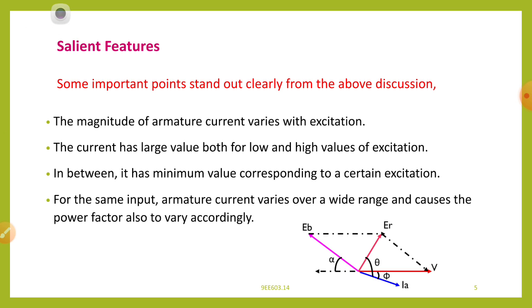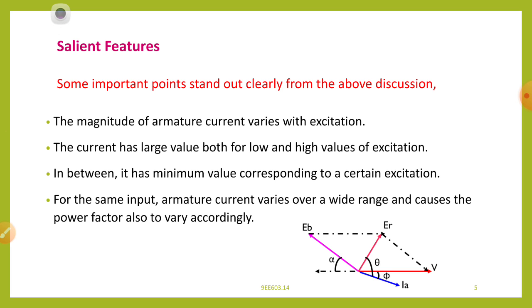For that purpose some torque is required. The torque may not be produced if these two axes coincide, that is alpha equal to 0, because the magnitudes of supply voltage and induced back EMF are equal but 180 degrees apart. There is no resultant voltage, ER is equal to 0.